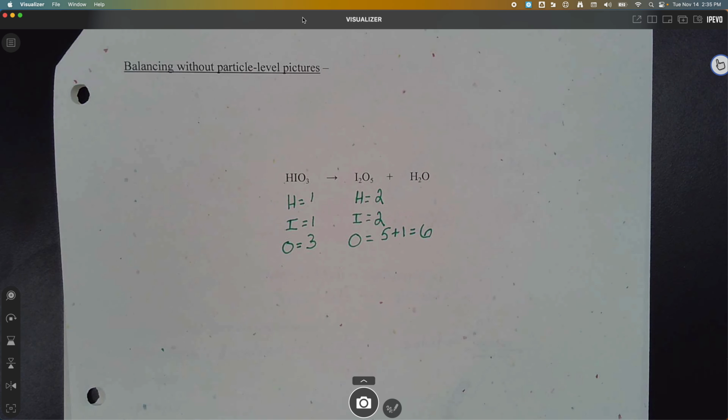So instead of drawing all the little pictures, I'm just going to interpret the chemical formulas as imagining how many atoms are actually there. And then I'm going to start adding more of things until I have an equal number on both sides. But instead of drawing pictures and adding more, I'm just going to add more of the chemical formula.